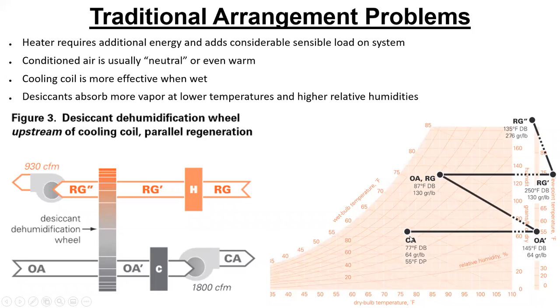I mean, it's got some for sure. And also it's fairly warm in temperature. It's 87. It would be better if it was cooler and had more relative humidity. The coil would work better. So those are the comments on our traditional system.